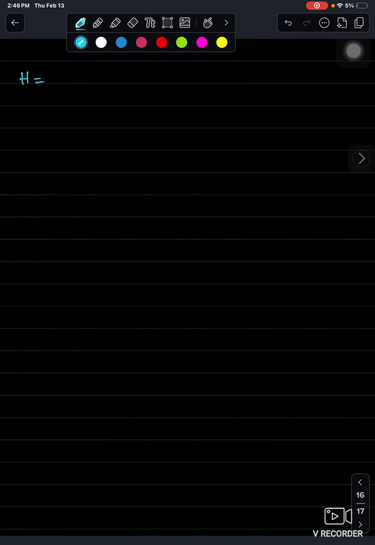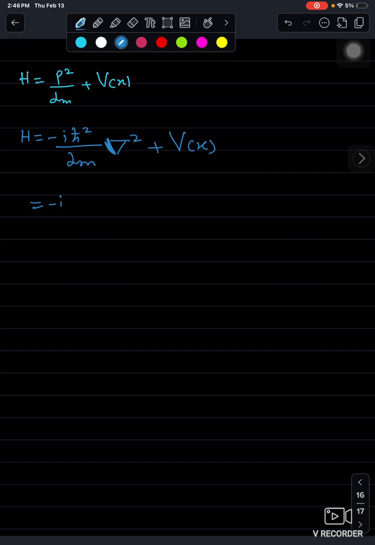H equals p squared over 2m plus V of x, and H equals, sorry, i h squared over 2m times the gradient operator squared plus V of x. Then this gradient operator can be further divided into minus h squared over 2m.